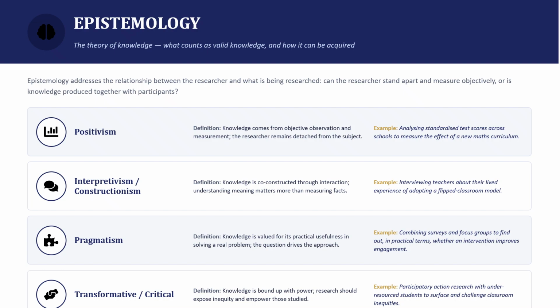So what is positivism? The definition given here is that knowledge comes from objective observation and measurement. The researcher remains detached from the subject. As we discussed in ontology, under realism, according to positivism, knowledge comes from objective observation.